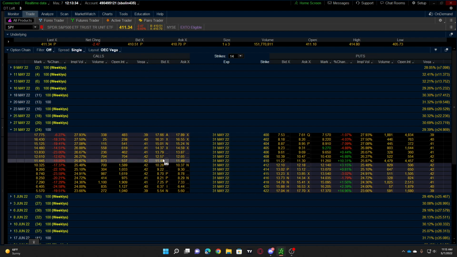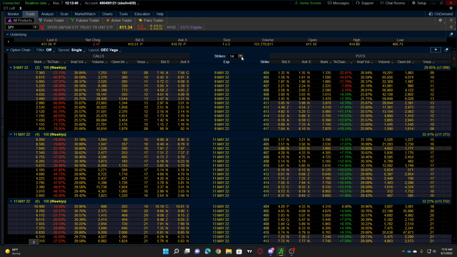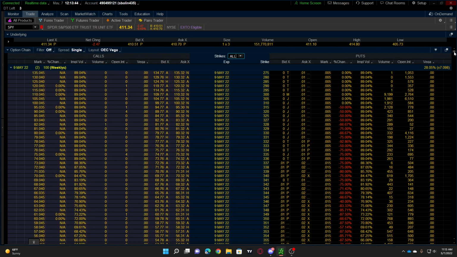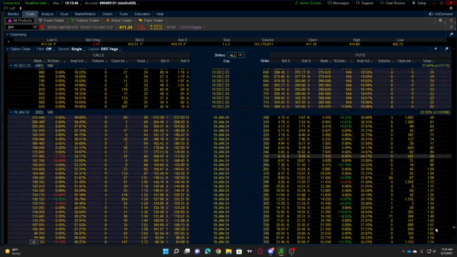Another thing that we want to look at when it comes to Vega is an understanding of where the greatest amount of Vega is located. Is it really far out in time?